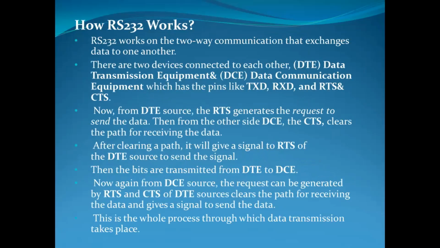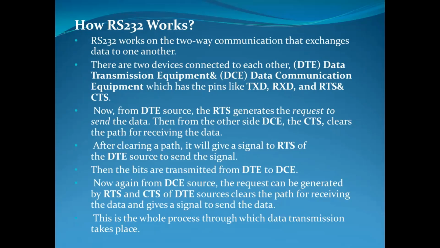How does RS232 work? RS232 works on two-way communication that exchanges data with one another. That is, the data can be half duplex or full duplex depending on the setup. Half duplex means a transmitter can send data at a time, whereas a receiver just accepts the data.